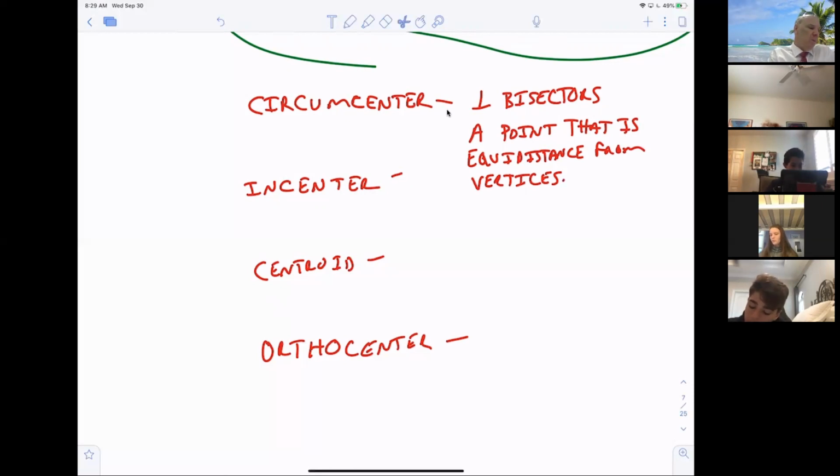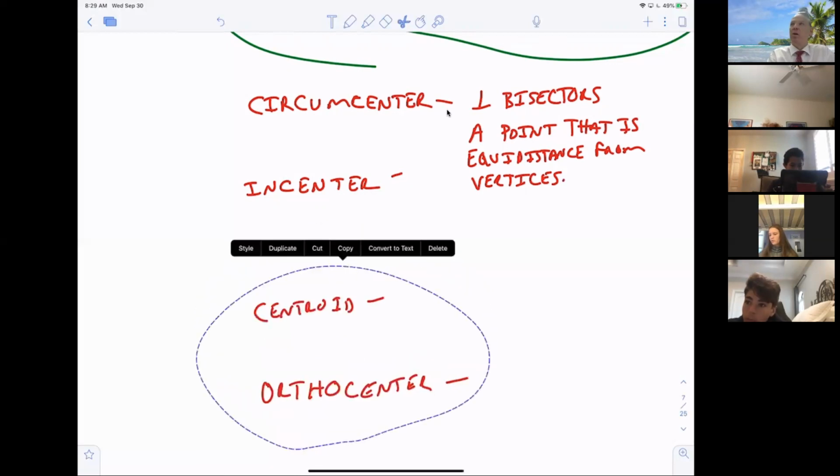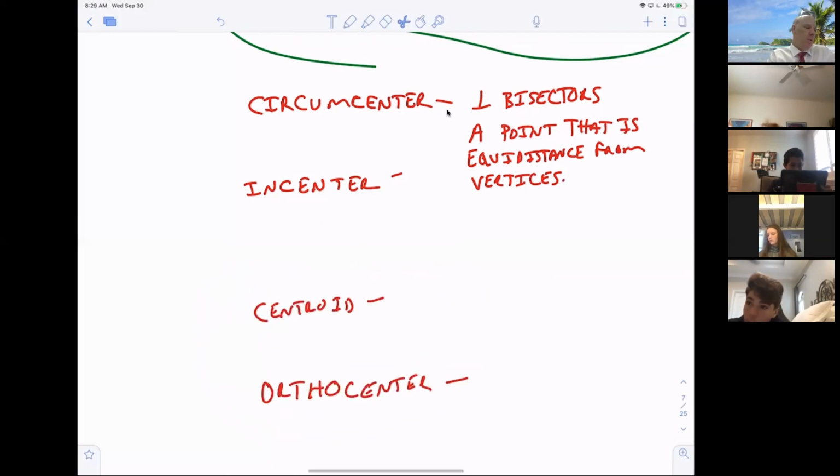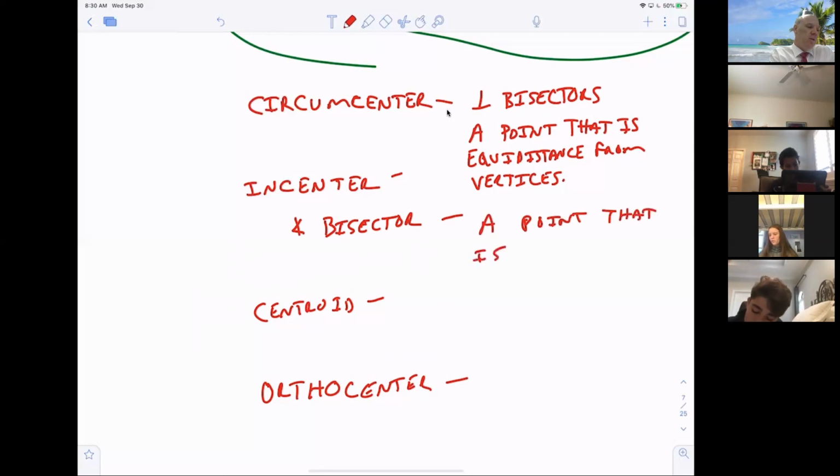The incenter, someone else, volunteer for incenter. Tell me, Sam. That is correct. The incenter is the angle bisector. Thank you. Very good. It is a point that is equidistant from the sides of the triangle.